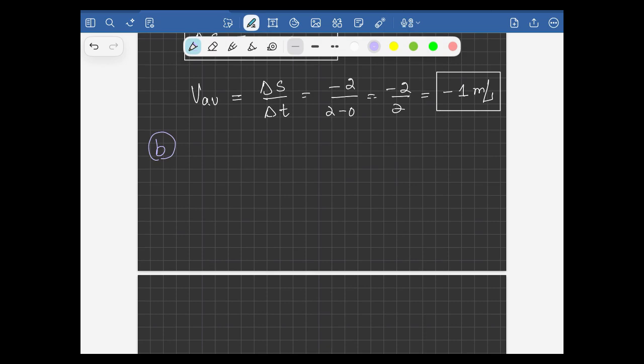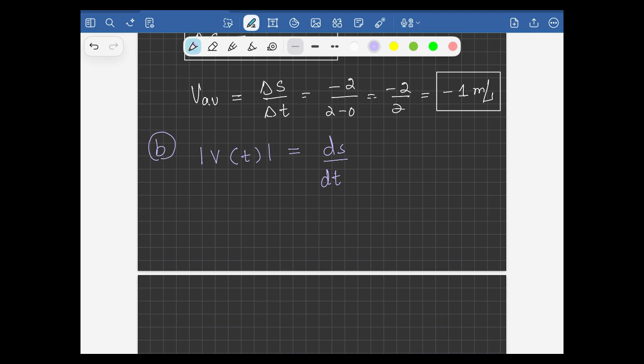All right, so first of all, the speed at time t, that's the function, equals the absolute value of the velocity. And remember, the velocity is actually the first derivative.